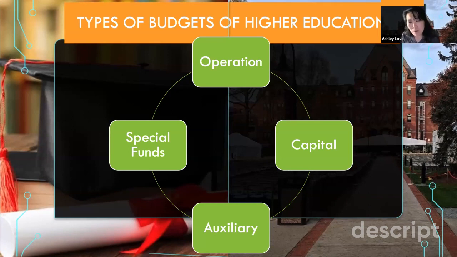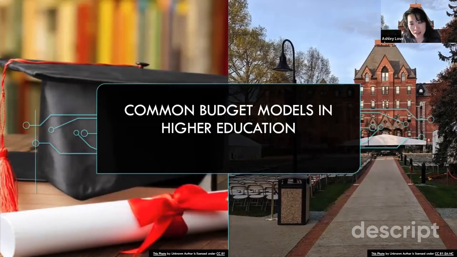So when you look at the types of budgets that you're seeing, you want to look specifically at this area, the common budget models in higher education. If you look at your chapter, on page 75, these are the common budget models in higher education.